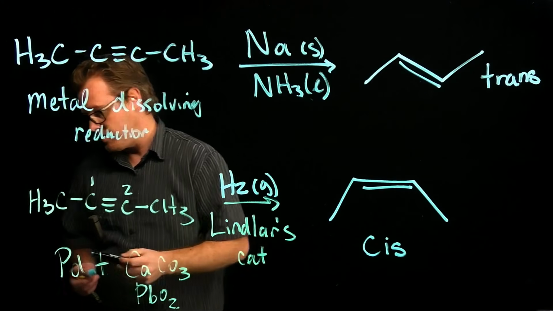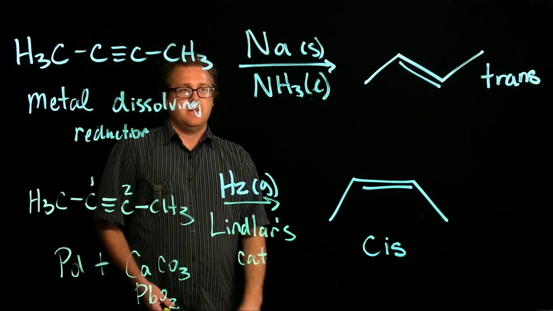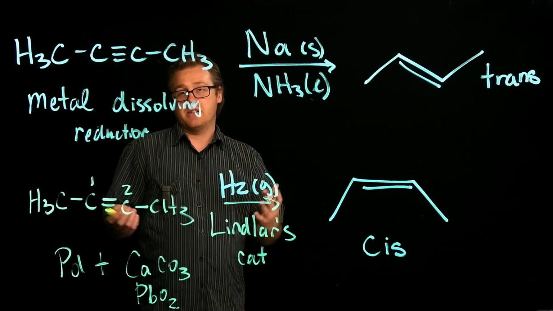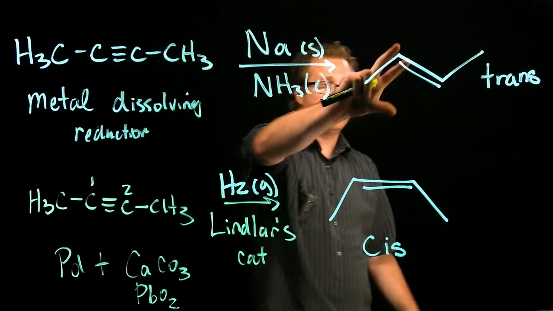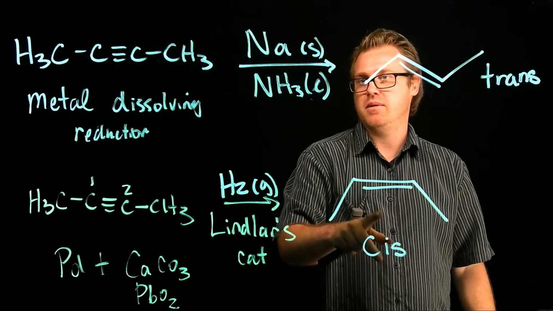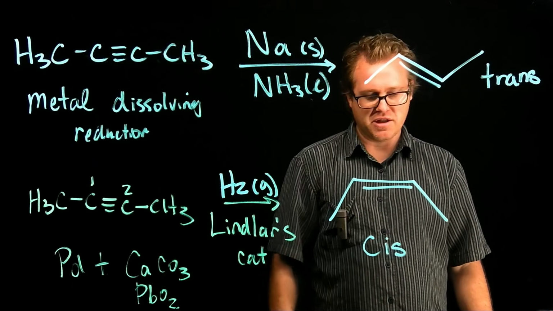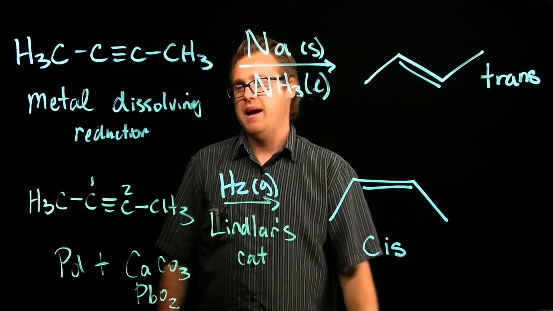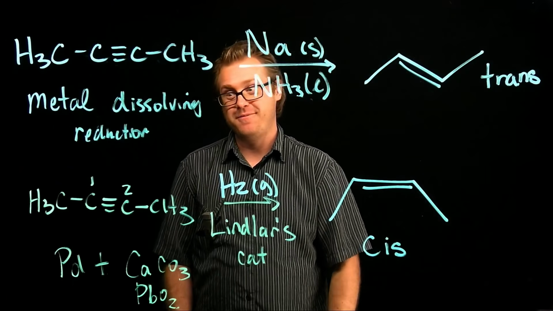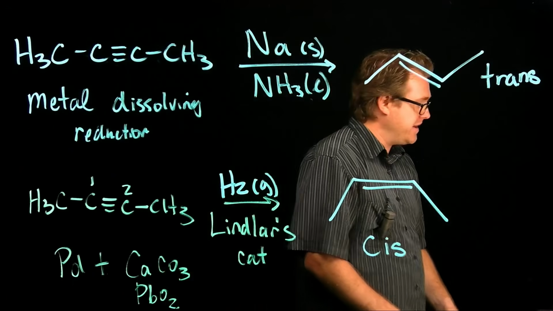Okay. I think that is just fun and so interesting to me, that you can control the stereochemical outcome just based off of the reagents that you're using. Now, why is this the case? Well, the mechanisms can help us figure that out. Okay, but that's where I'm going to end this video for today.